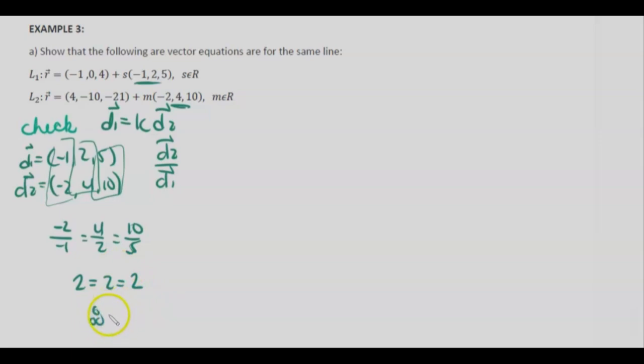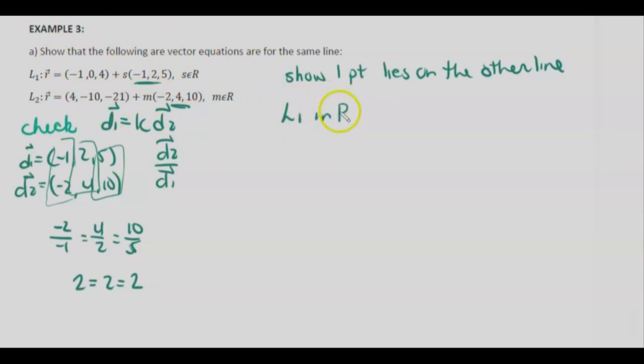So what we want to do is show, I'll just put a little note, show one point lies on the other line. Okay, so we can't work with this in vector form. So we're going to write line 1 in parametric equations.